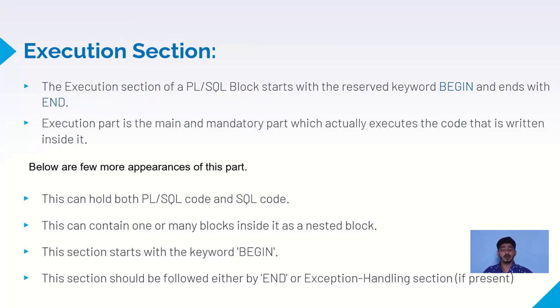This can hold both PL/SQL code and SQL code. This can contain one or many blocks inside it as nested blocks. This section should be followed by END or the exception handling section, if present.